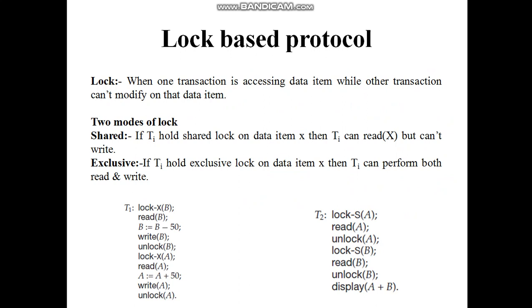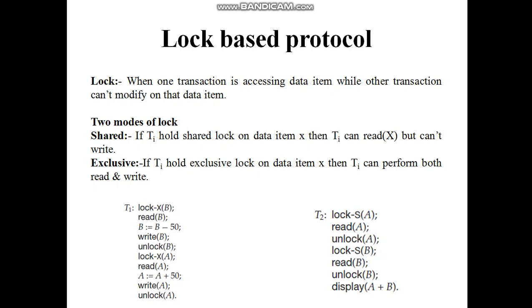Shared means if transaction Ti is holding a shared lock on data item X, then Ti can read the value of X but cannot write. And if we apply an exclusive lock, then both read and write operations can be performed on data item X.